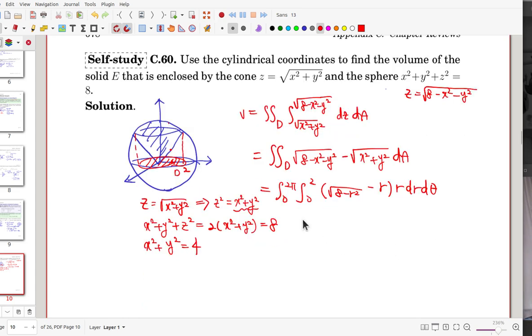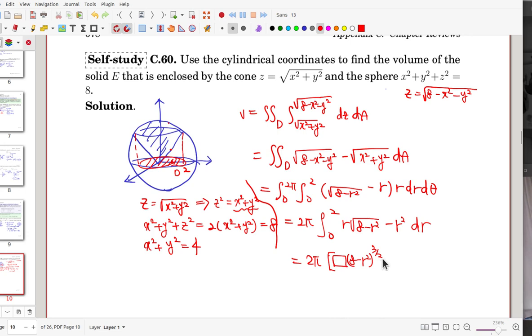For the theta direction, we can get the integral immediately. That's 2 pi. Let's rewrite this one: from 0 to 2, r times square root of 8 minus r squared minus r squared, dr. That is 2 pi times the integral, and the antiderivative of the first term is 8 minus r squared to the 3 over 2, along with some coefficient.